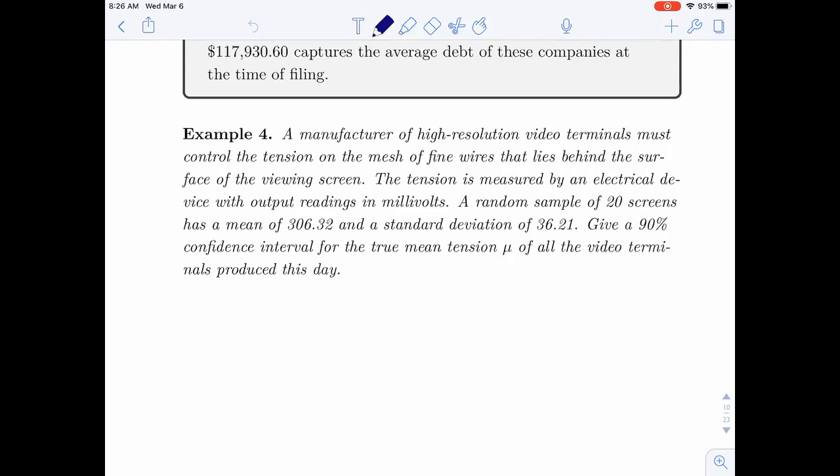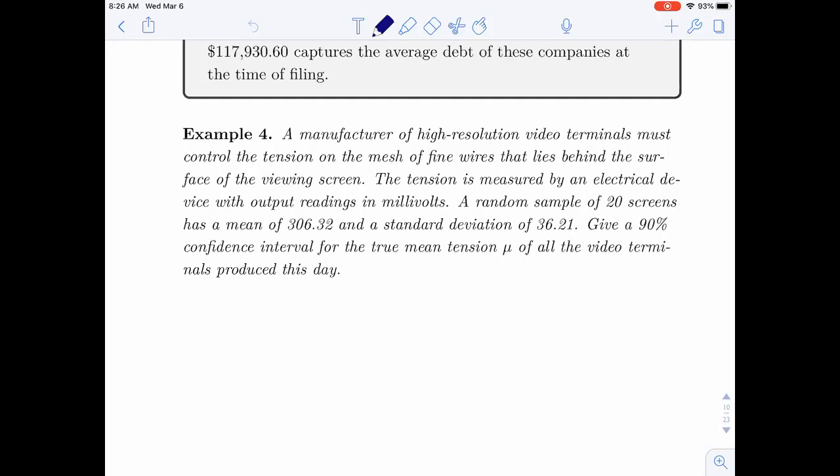I mean, people have come up with these questions. It's so detailed. The tension is measured by an electrical device with output readings in millivolts. A random sample of 20 screens has a mean of 306.32 and a standard deviation of 36.21. You have a 90% confidence interval for the true mean tension mu of all the video terminals produced this day.